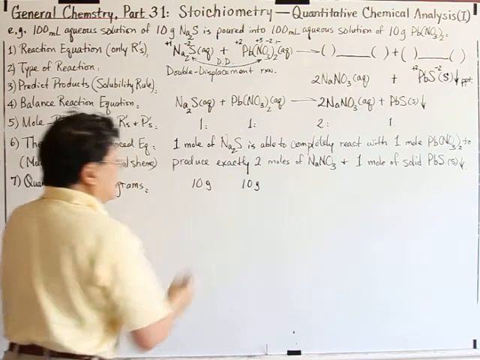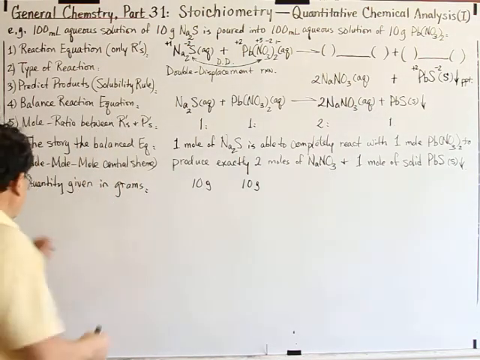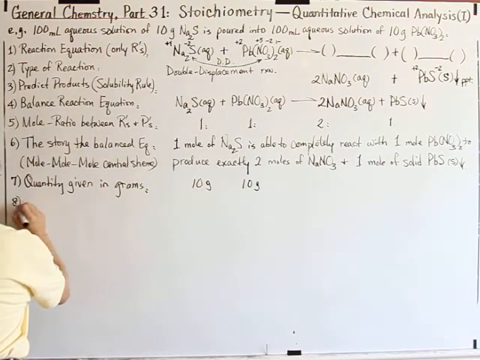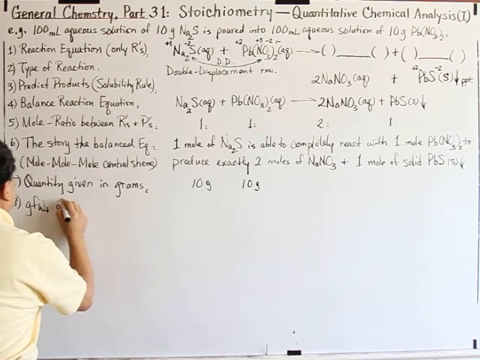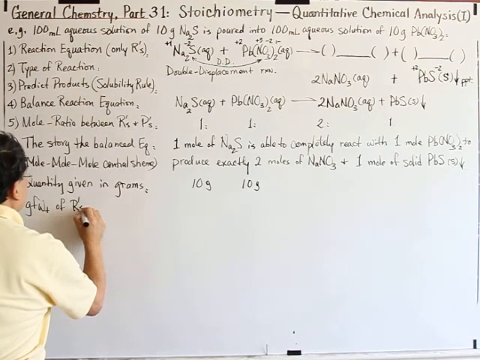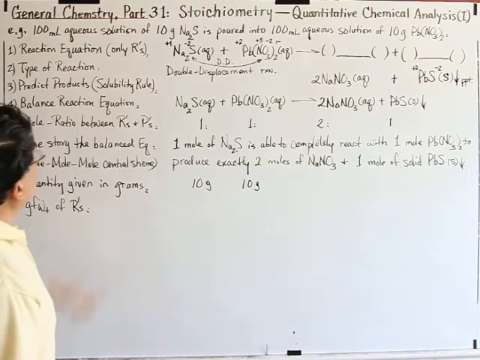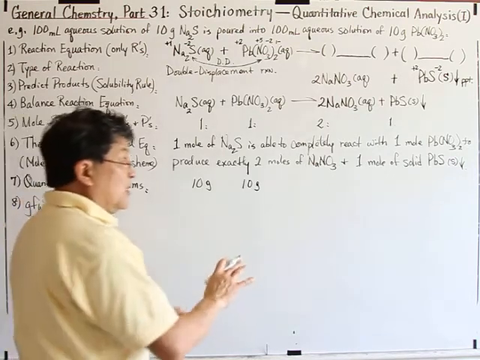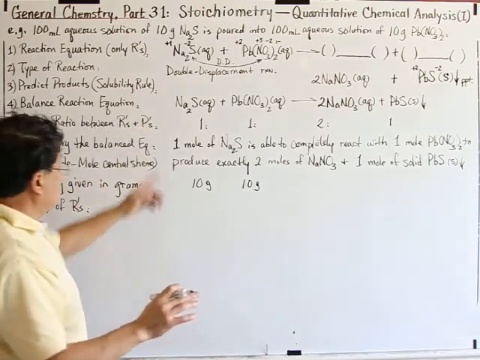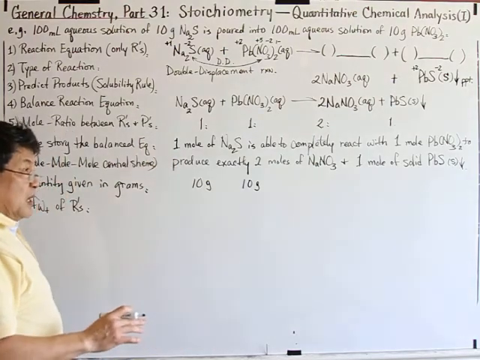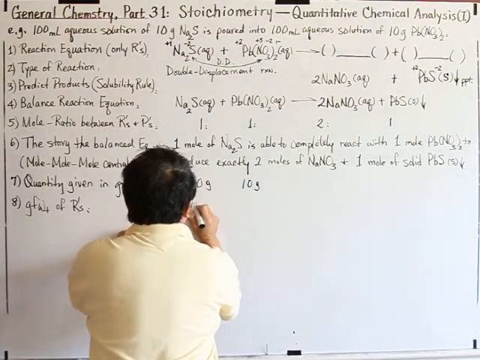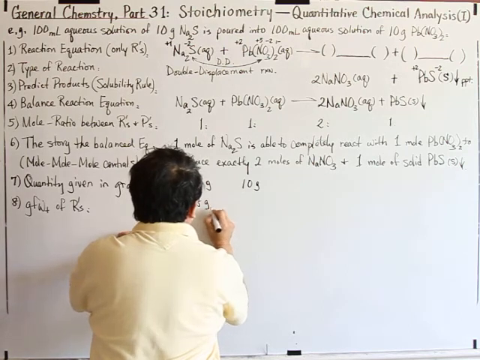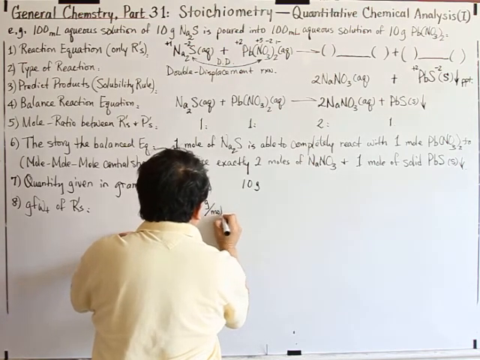Here we need to know the gram formula weight of the reactants. The first one, 23 times 2 is 46, plus 32 is 78. So this is 78 grams per mole.